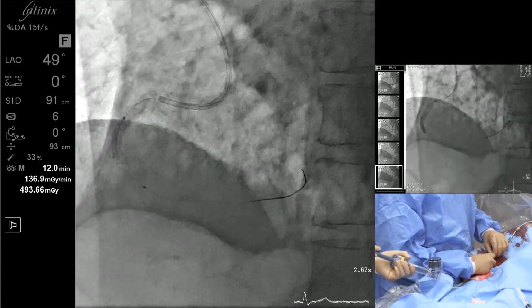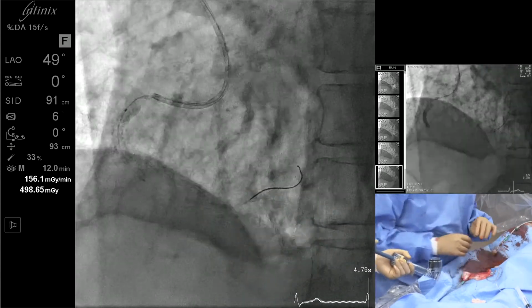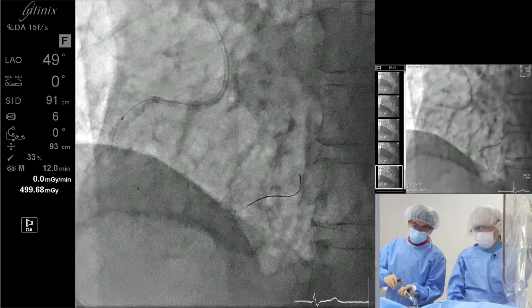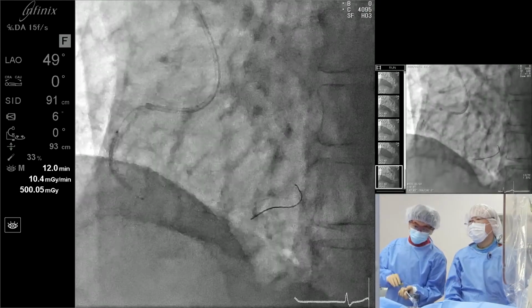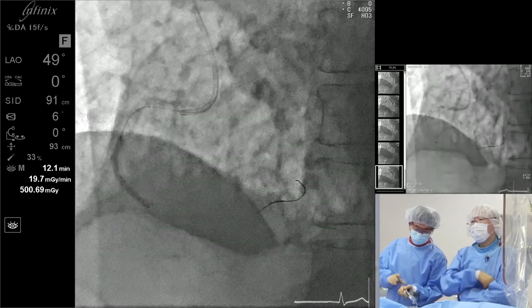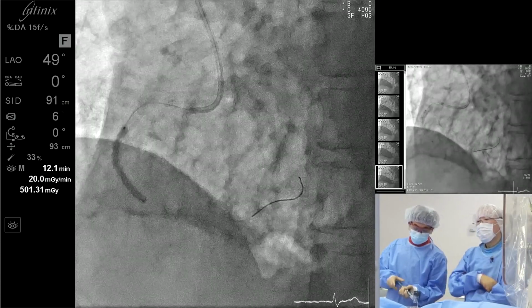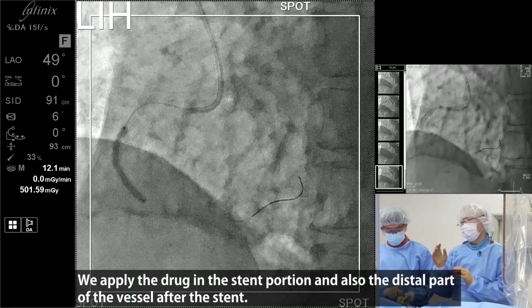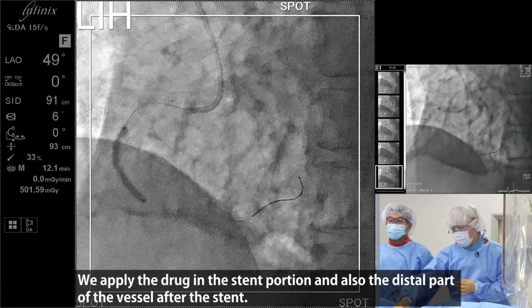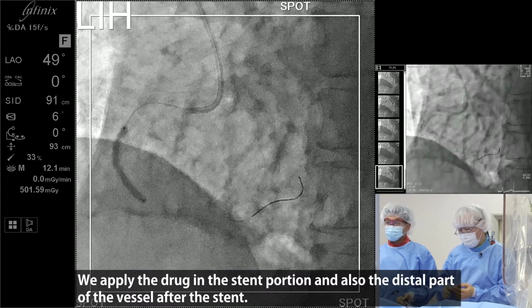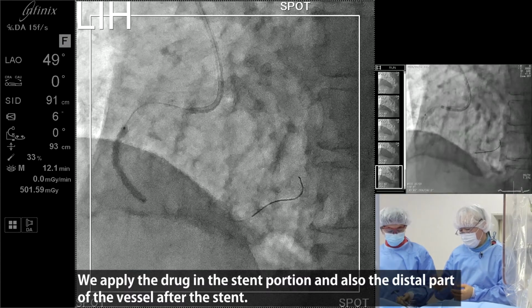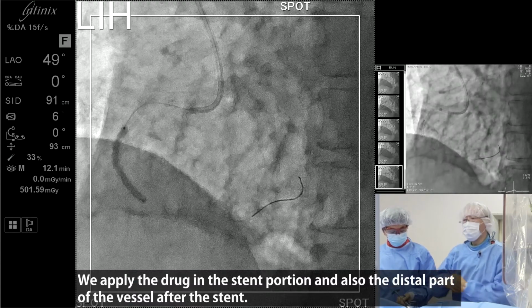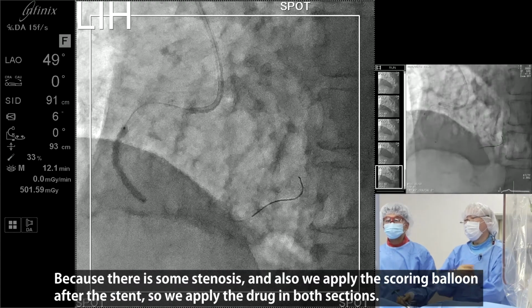We apply the drug in the stent portion and also the distal part of the vessel after the stent, because there is some stenosis.